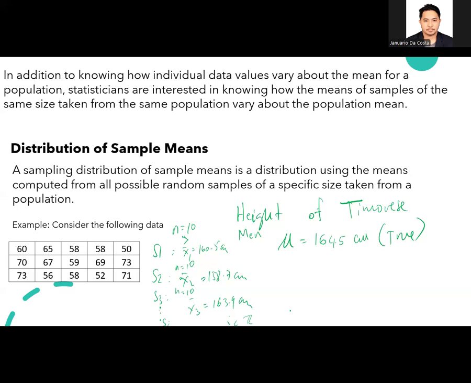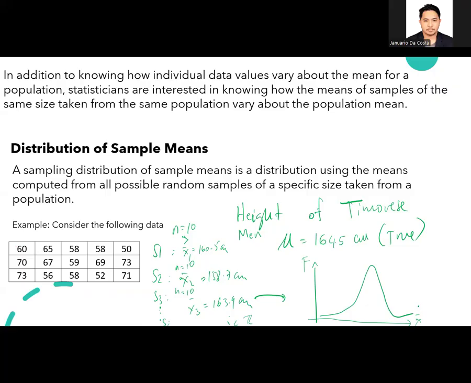You can take many samples, and then if you want to plot this in a distribution function, for example in a frequency plot, let's suppose this is my x bar and this is my frequency, the more samples you take, when you plot that, it will look like a normal distribution.